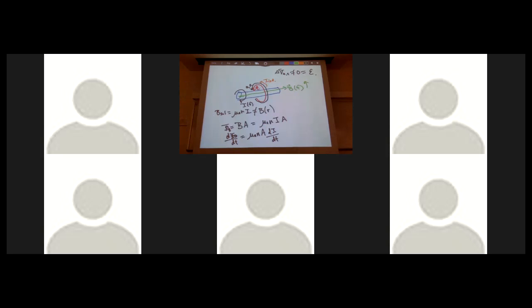So this is our relationship between the magnetic field and the electric field. The closed loop integral of the electric field dotted with the differential length is equal to minus n times the time rate of change of the integral of the magnetic field dotted with the differential area. This is Faraday's law.